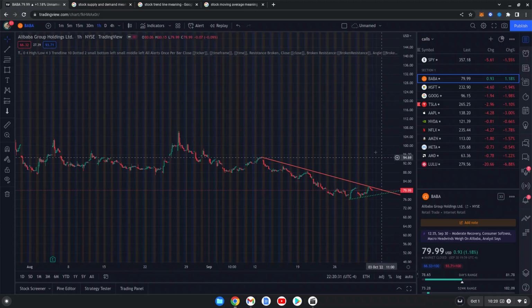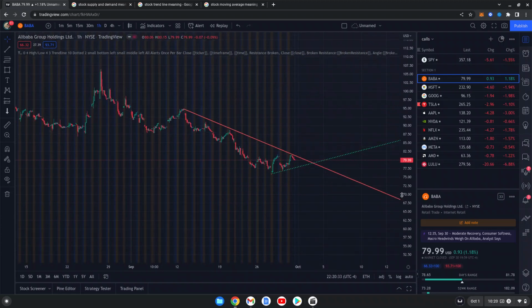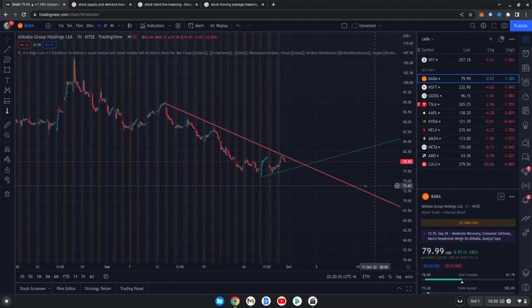And we can check on the hour time frame as well. And we can see that it's coming close to the trend line right here. So if you were doing day trades on the 5 or 15 minute, we would know that we are coming close to a resistance area. So that is our trend line indicator.